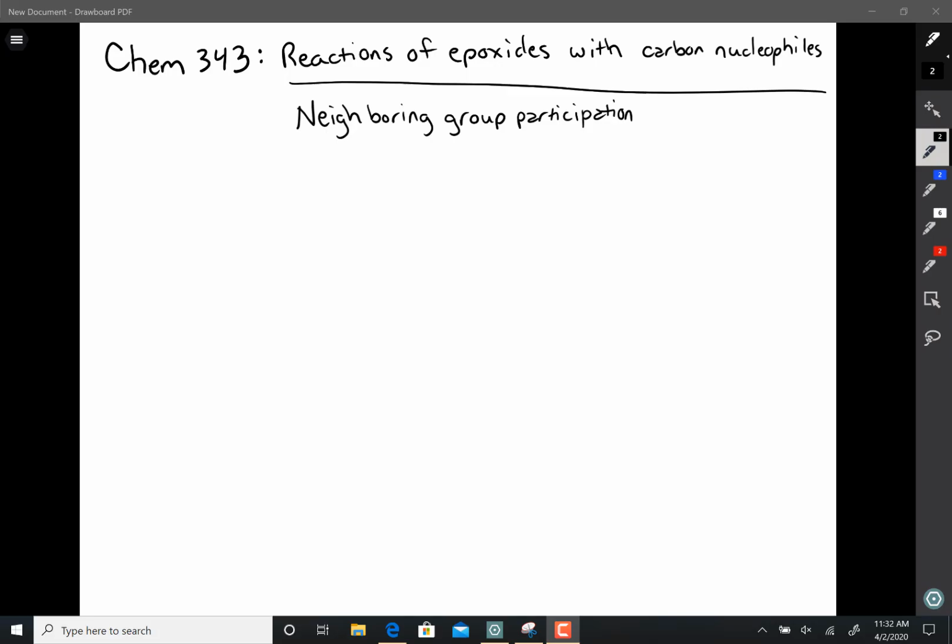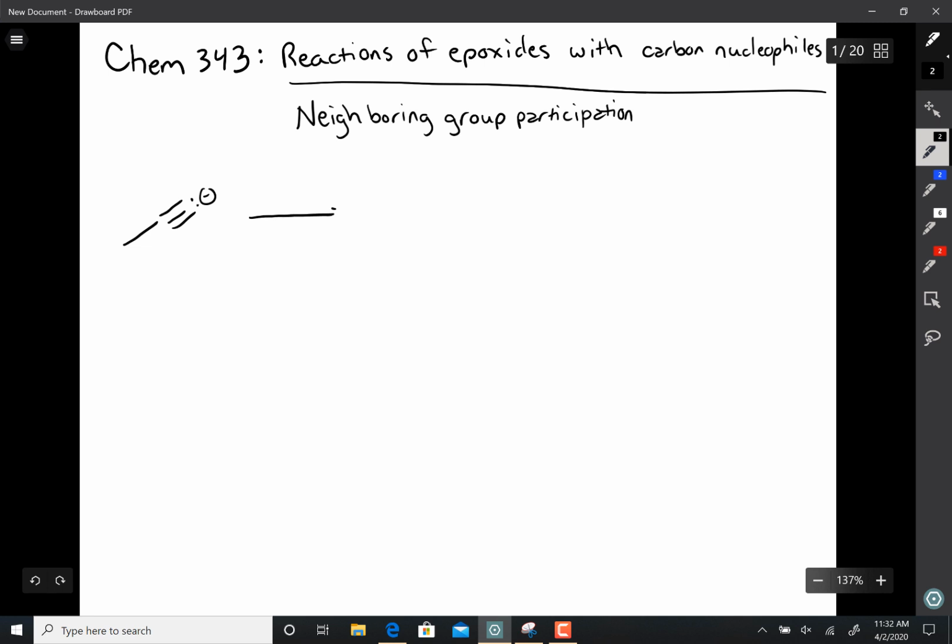Okay, today we're going to talk about reactions of epoxides with carbon nucleophiles. And then if there's time, we'll move on to neighboring group participation. So we've already been using one carbon nucleophile in this class, and that's the deprotonated acetylide.